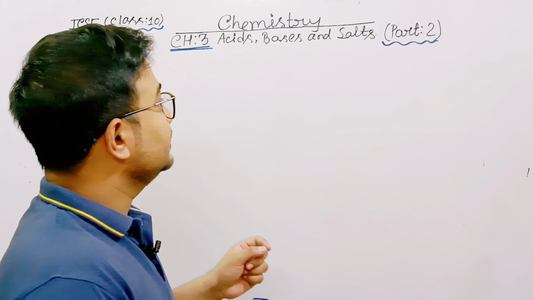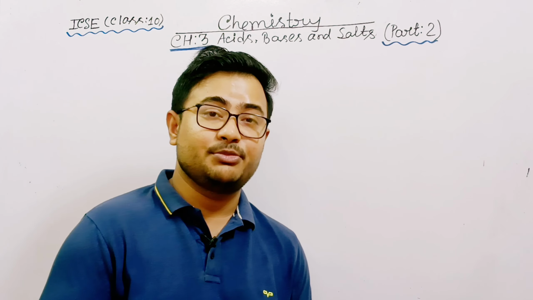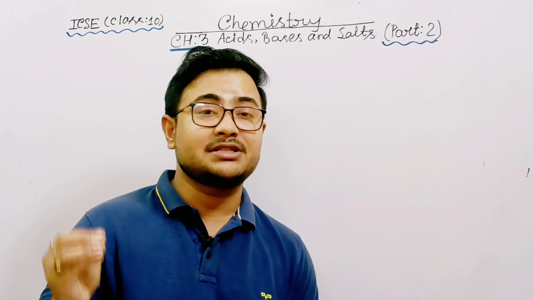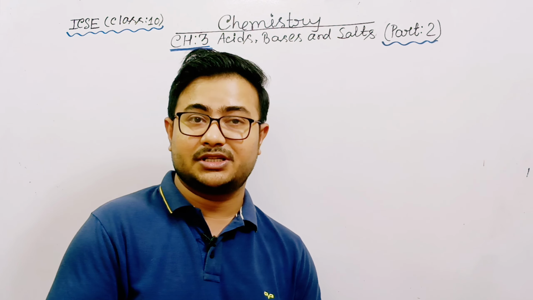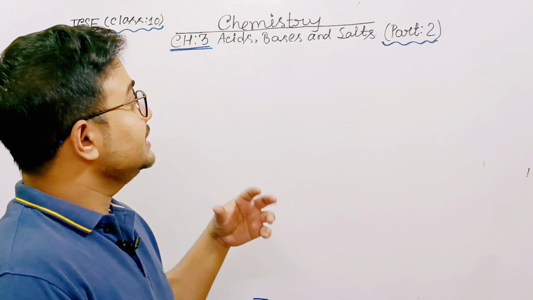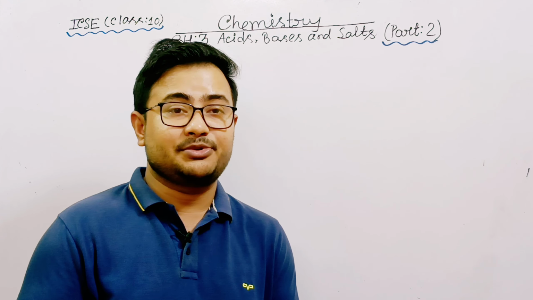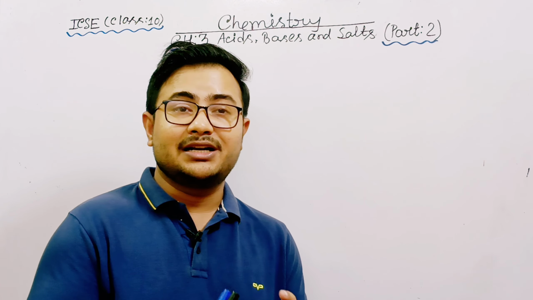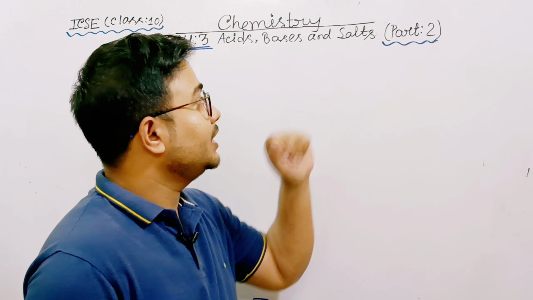For this chapter we need to clear all the concepts, because there are so many exceptions here, and those exceptions are important for your coming board examination. To understand these exceptions we need to clear all the basic concepts from the part 1 video.